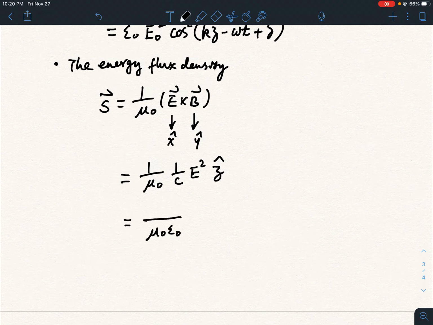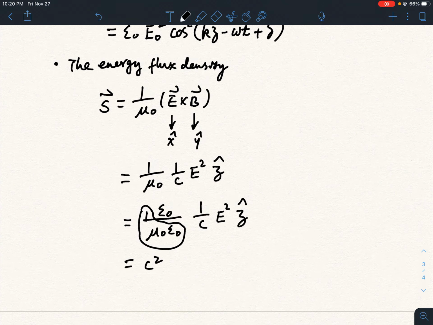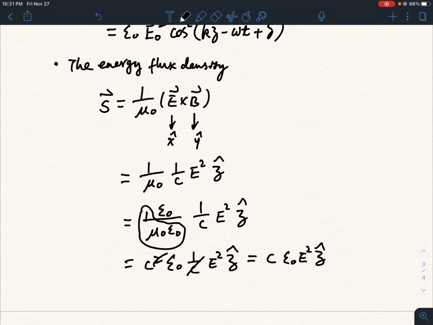We can put epsilon 0 here, and this side is still E squared z hat. The reason I can do this is that 1 over mu 0 epsilon 0 becomes c squared, so one of the c's cancels. So we get c epsilon 0 E squared z hat.